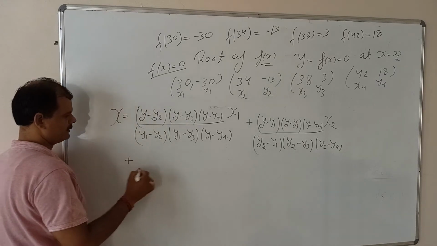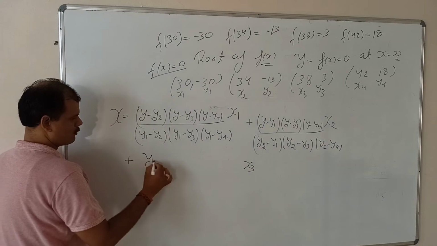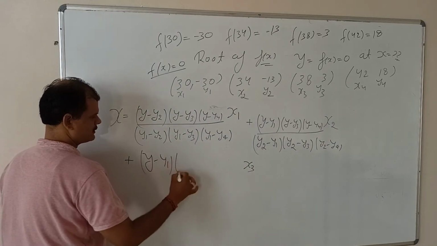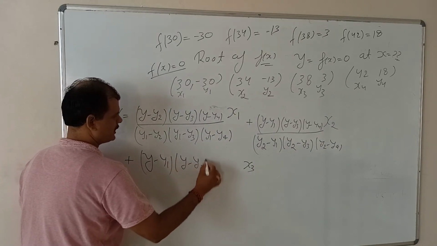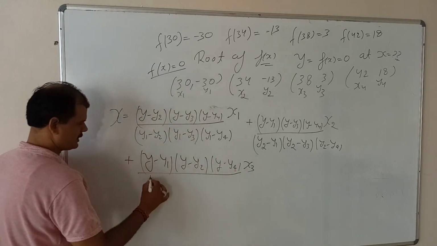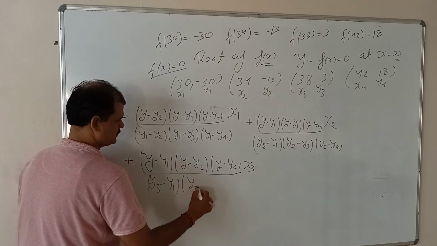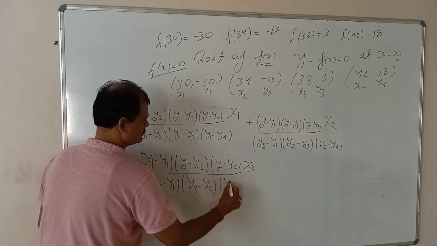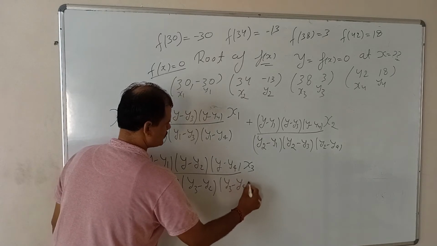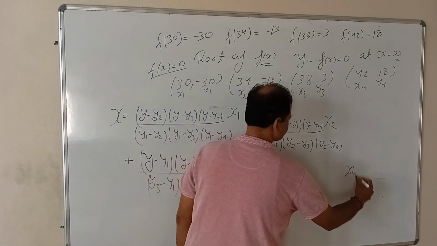Let me have the third term here. x3 means (y − y1)(y − y2)(y − y4) divided by (y3 − y1)(y3 − y2)(y3 − y4), plus x4.